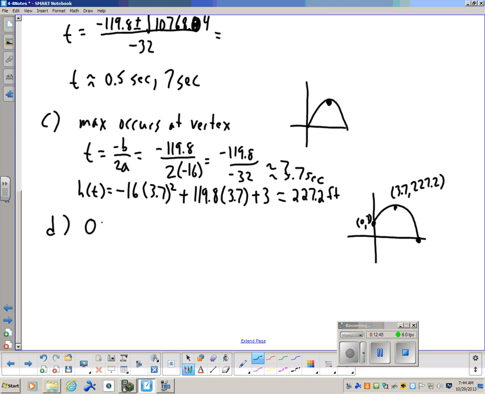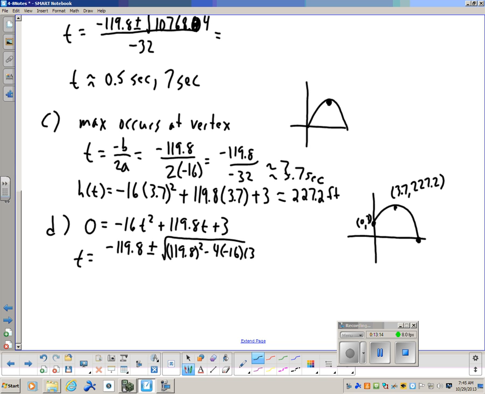So I'm going to put a 0 in for my height: 0 equals negative 16t squared plus 119.8t plus 3. So if I were to use my quadratic formula on this, I would end up getting opposite of B, 119.8 plus or minus the square root of B squared minus 4 times A times C all over 2 times A here.